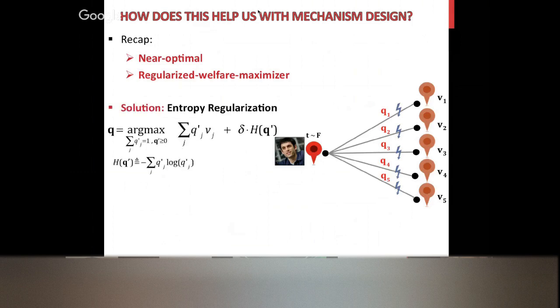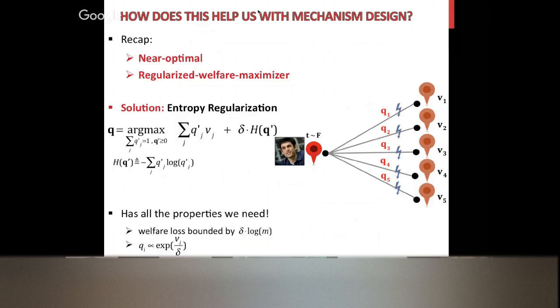Just think about the entropy regularized welfare. You have the welfare objective, and you add delta times the entropy of the distribution Q. Now, very interestingly, if you solve this convex optimization, then the solution is the following: the Qi's are going to be proportional to e to the power vi divided by delta.